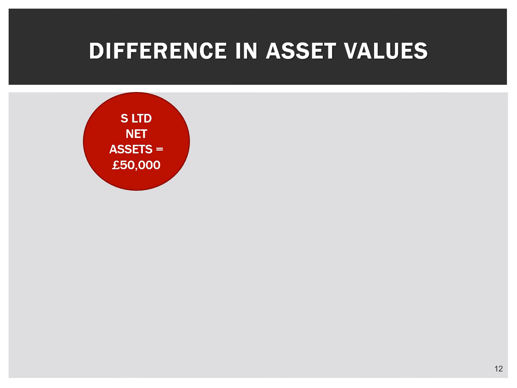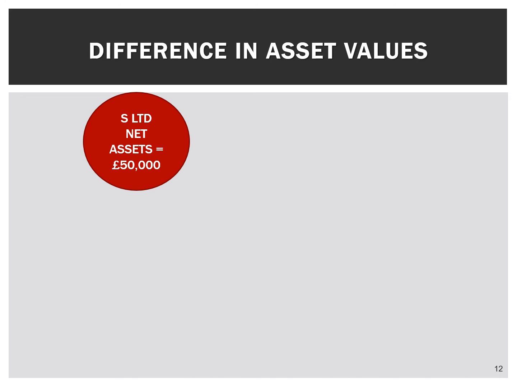Now, one reason why the figures might not balance in the statements is because in the subsidiary company, assets are shown at their original historic cost. And here's an example of the subsidiary company showing assets in its statement of £50,000.